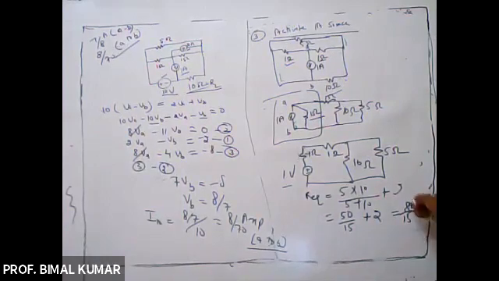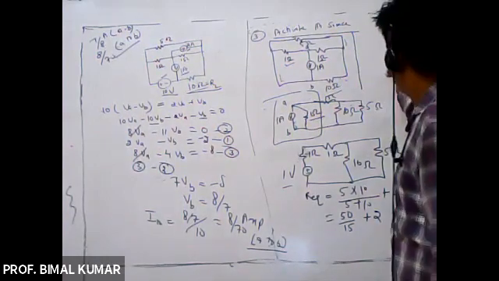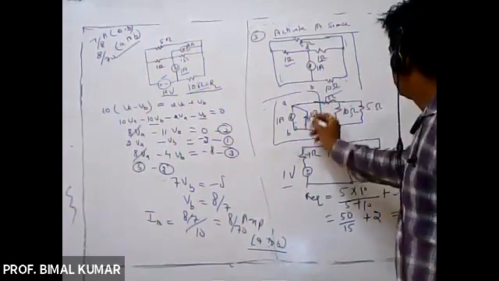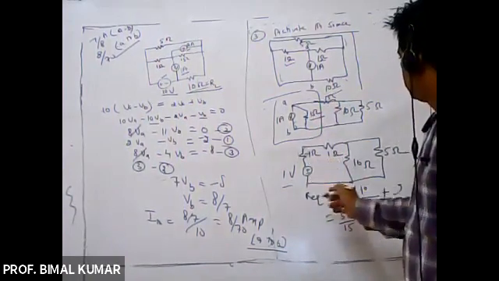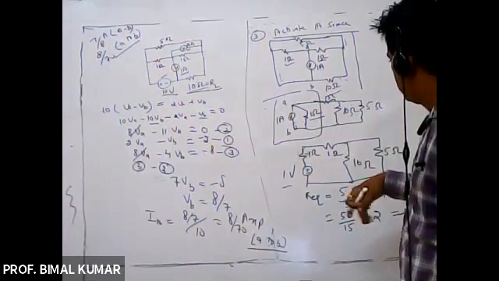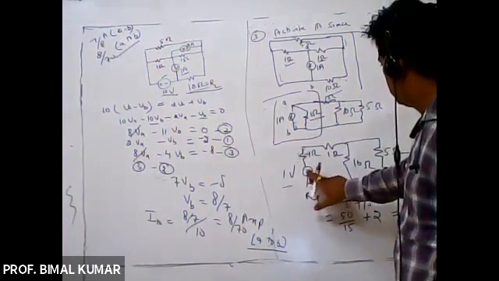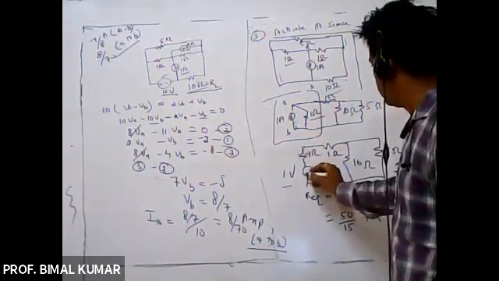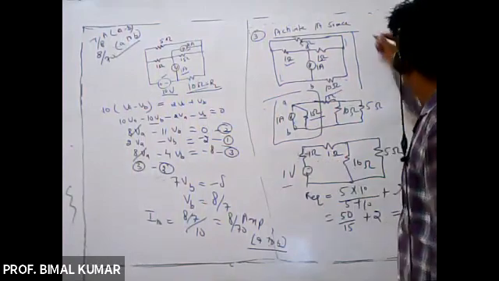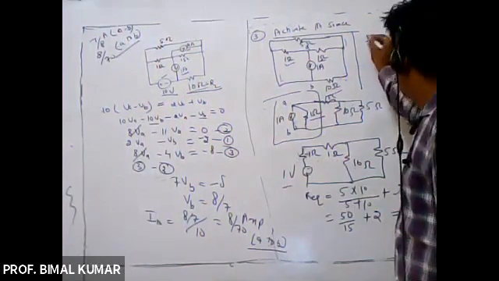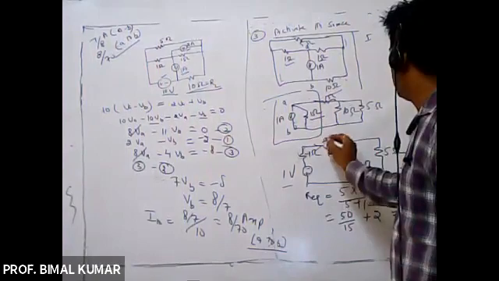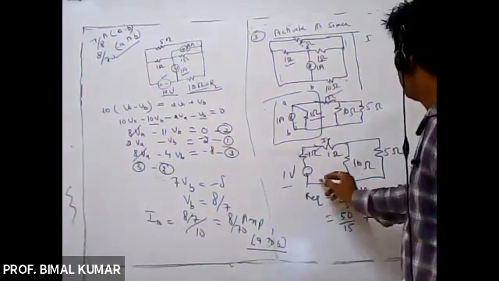And from this I total, because arrow is in the downward direction, so lower terminal is positive. So here I total will be supplied by this source on this side.